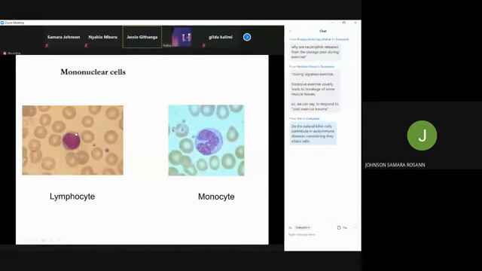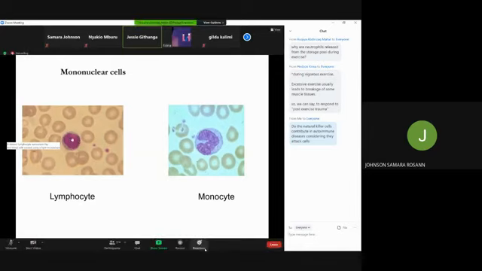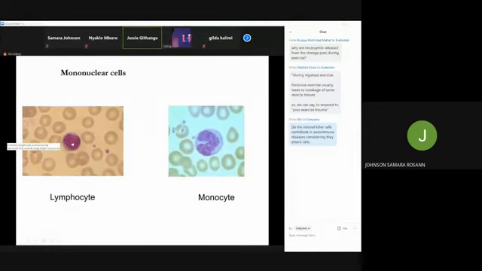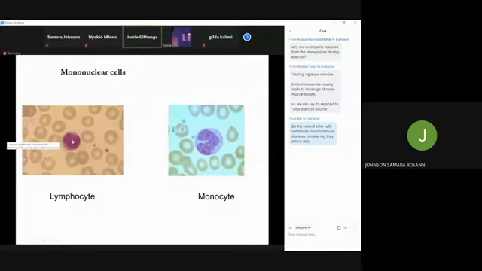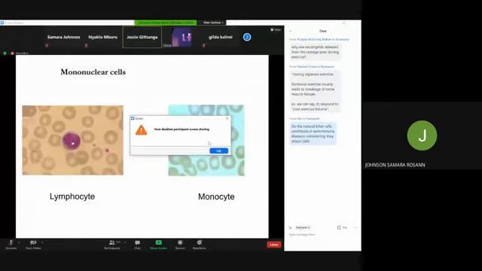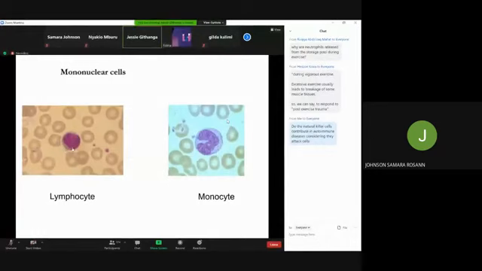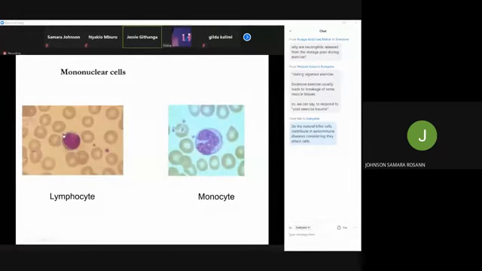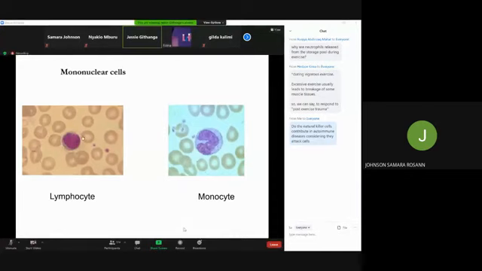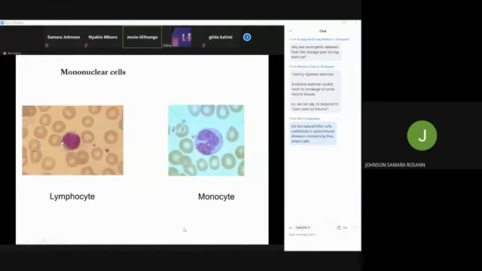You will note that the nucleus almost fills the whole cell. There's a high nuclear cytoplasmic ratio. The nucleus is not segmented, unlike the polymorphonuclear cells, and it has a thin rim of basophilic or sky blue cytoplasm. And this is the typical appearance of a small lymphocyte.